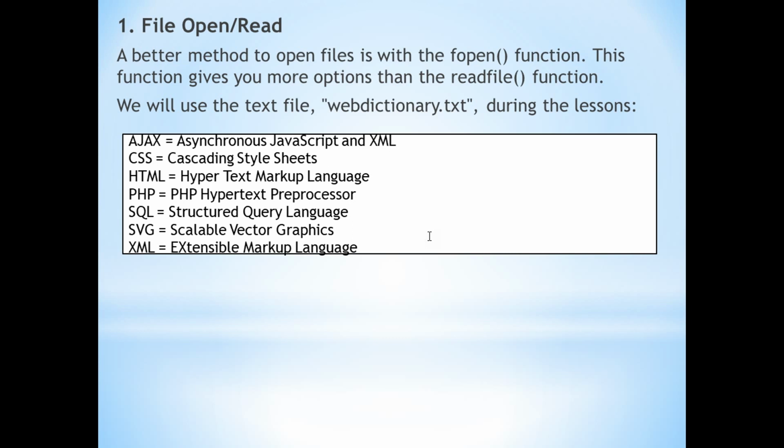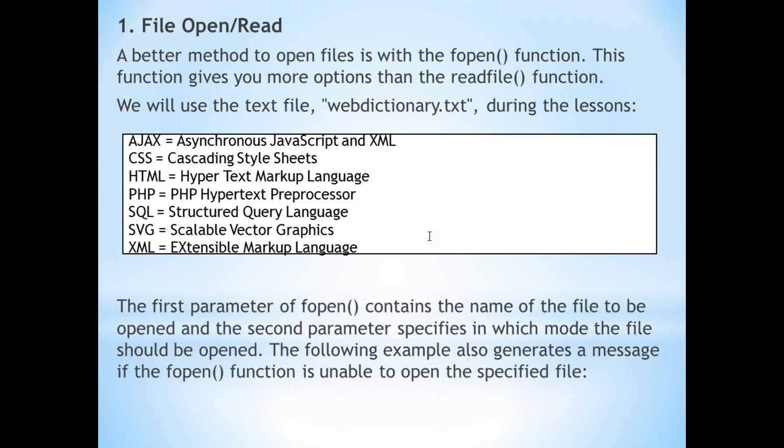You have to type this in a text editor and save it as webdictionary.txt. After that, the first parameter of fopen contains the name of the file to be opened, and the second parameter specifies in which mode the file should be opened.